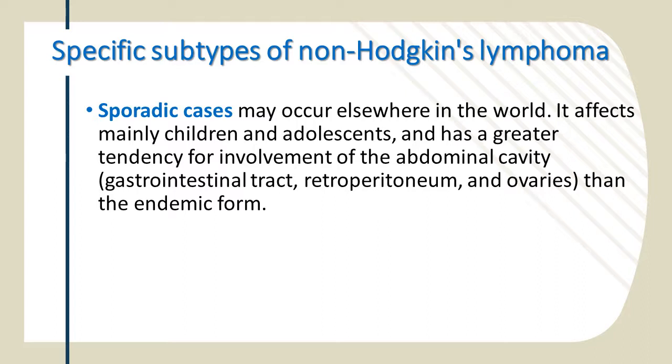However, sporadic cases that may occur elsewhere in the world mainly affect children and adolescents. It forms abdominal tumors involving the bowel, retroperitoneum, and ovaries. It is essential to know that Burkitt's lymphoma may be seen in association with HIV infection and often occurs as the initial manifestation of the disease.